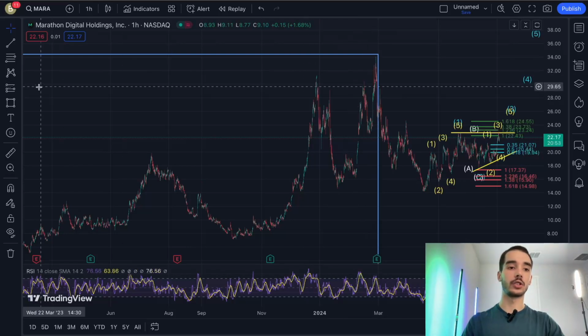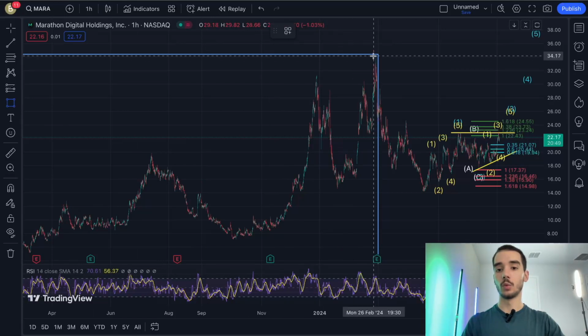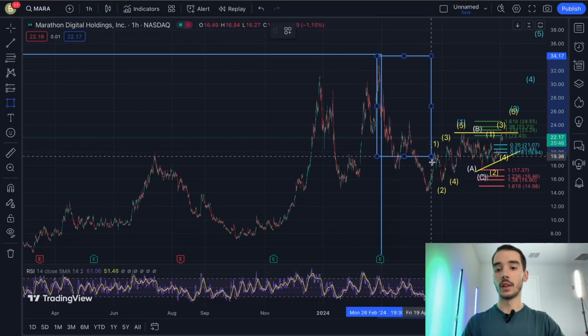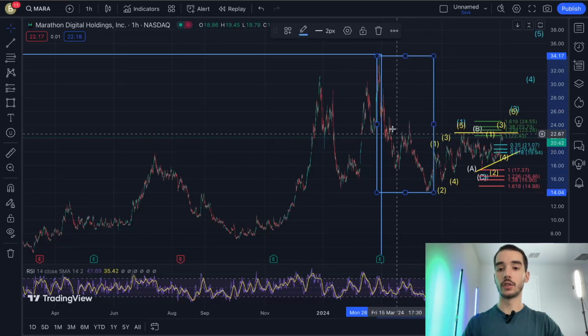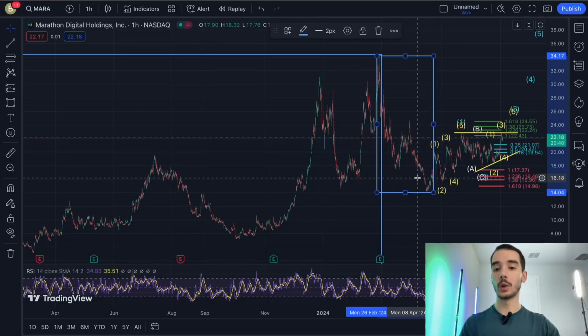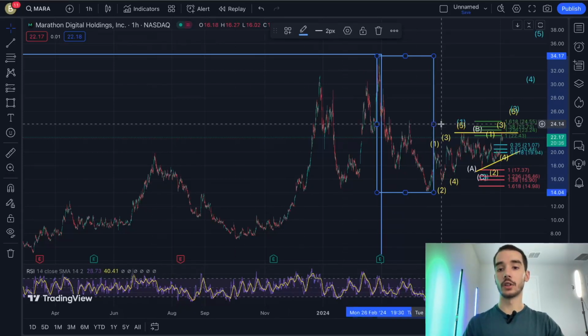Then you had another corrective wave structure that I've confirmed to be this wave count down here, a three-wave corrective structure after this bullish structure ended.